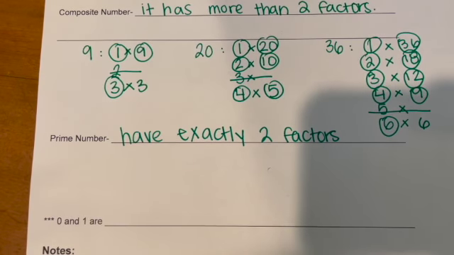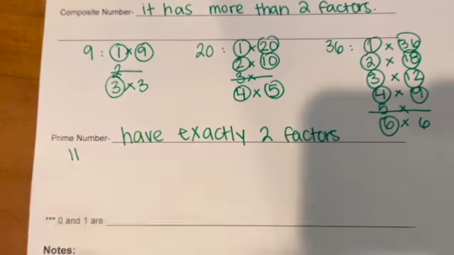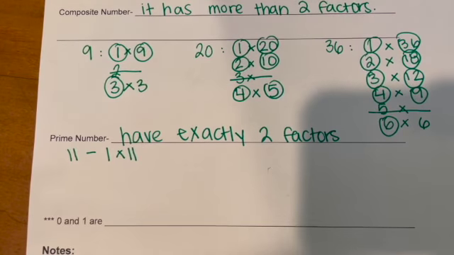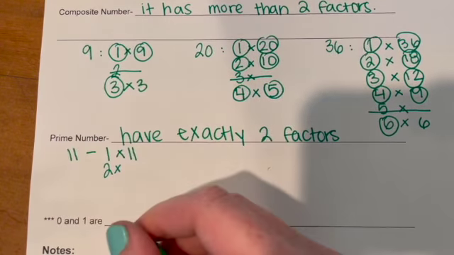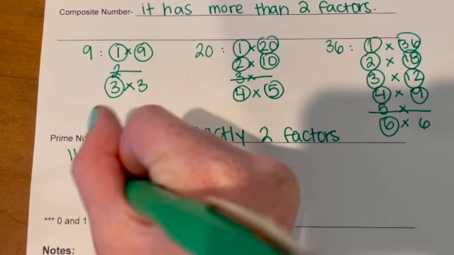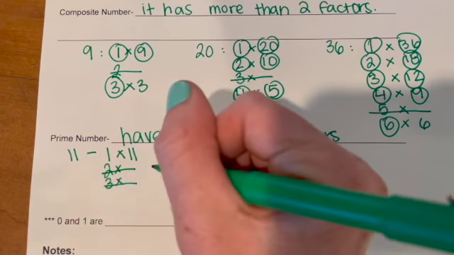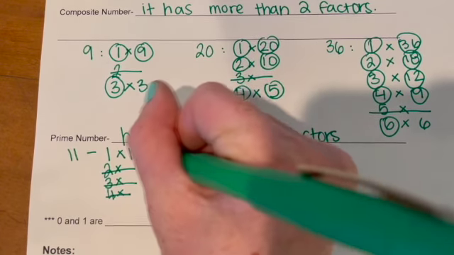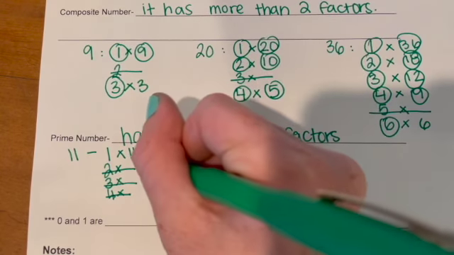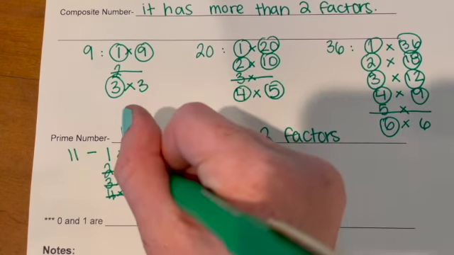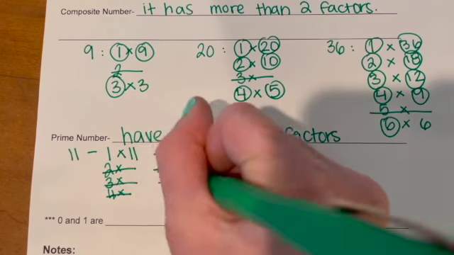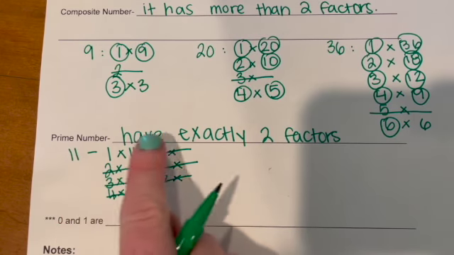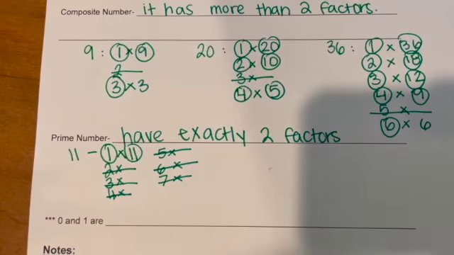So for example, if we think of the number 11, I can multiply 1 times 11 to get to 11. 2 times, I can't multiply anything by 2 to get to 11. 3 times, can't multiply anything by 3. 4 times, can't. 5 times, nope. 6 times, can't. 7, nope. 8, 9, 10. This is the only one that I can multiply to get to 11. So that has 2 factors.